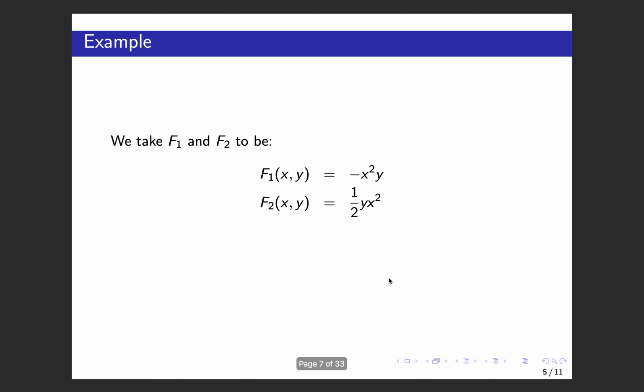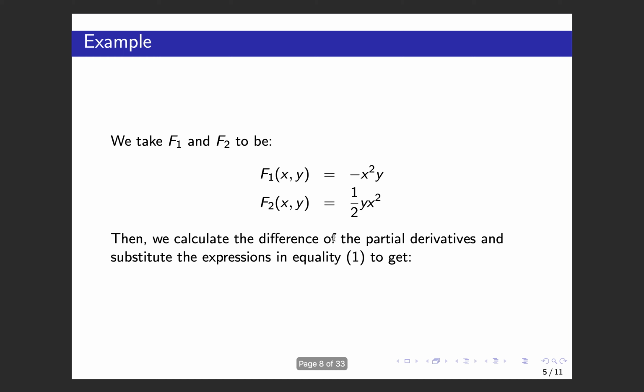So we take f1, one of the components, to be minus x squared y, and f2 to be one half y x squared. We calculate the derivative of f1 and the derivative of f2 and take the difference to get x squared plus xy, in order to use Green's theorem.